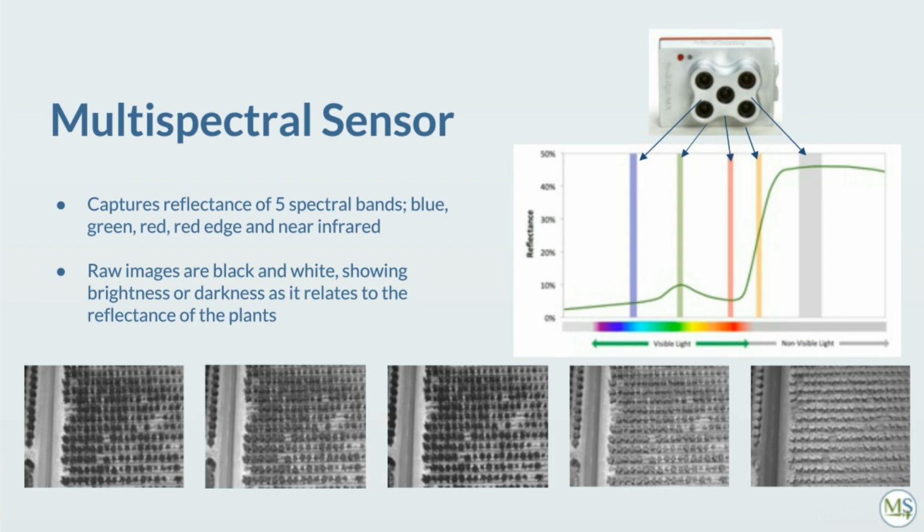Probably the best way to describe how these bands can be helpful to understanding plant physiology is looking at the red band. That red band is positioned along the spectrum where it's most common to see the highest absorbance of red for photosynthesis. So in the middle of the growing season, typically plants are absorbing a lot of red light for photosynthesis.